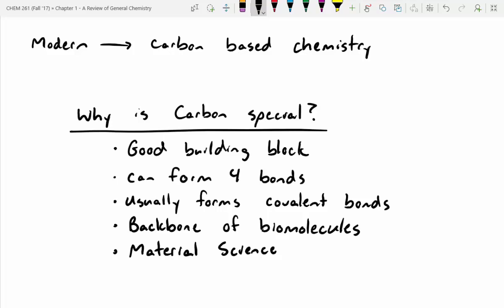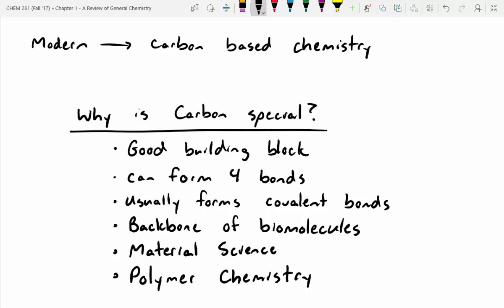There's also polymer chemistry, a huge branch of organic chemistry. Polymer chemistry is the chemistry of plastics. I know a lot of you are interested in things like that, and we will cover polymer chemistry a little bit later in the year. So carbon is really unique. There aren't a lot of atoms that have this wide diversity of functions and capabilities, right?